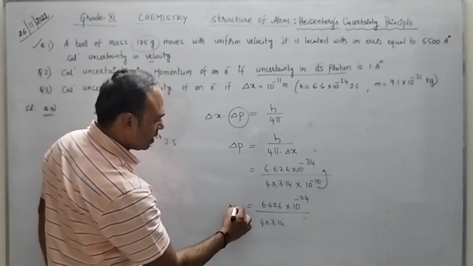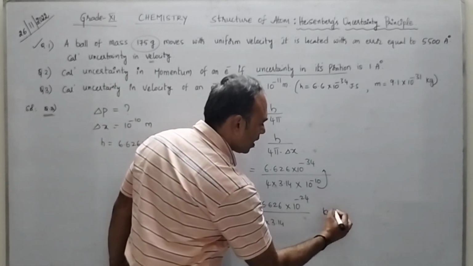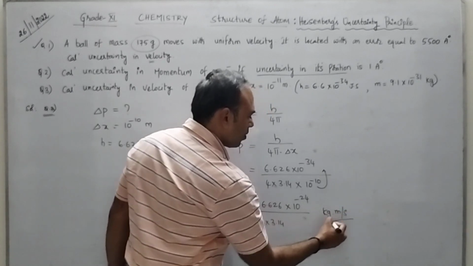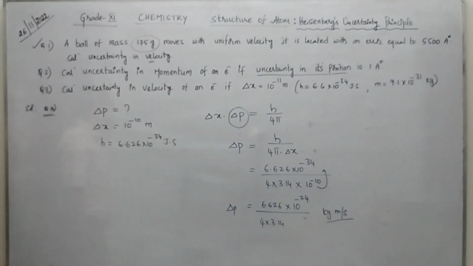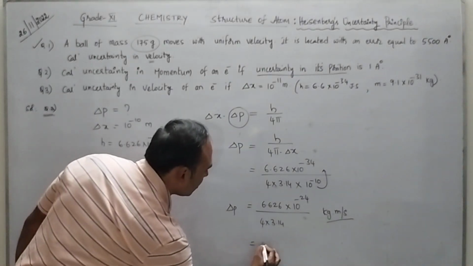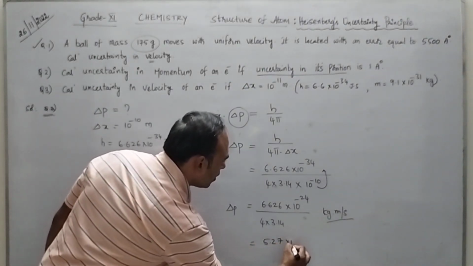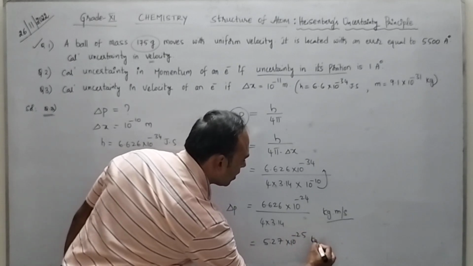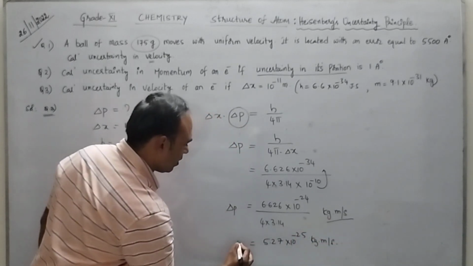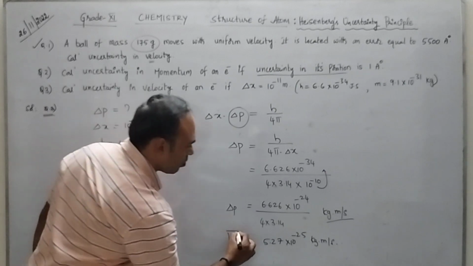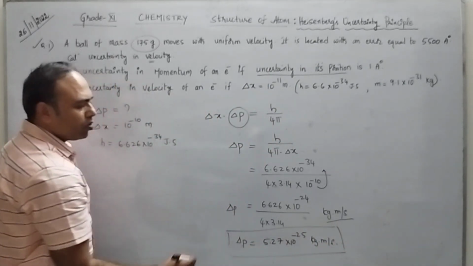So we know that delta P unit is kg, mass into velocity, meter per second. So I have calculated this. The answer you get is 5.27 into 10 to the power of minus 25 kg into meter per second. Hope you have understood this.